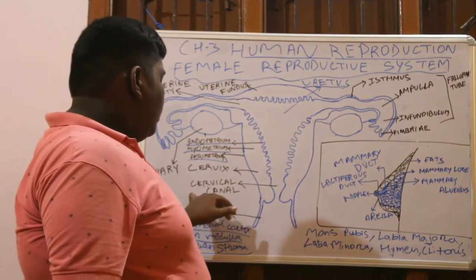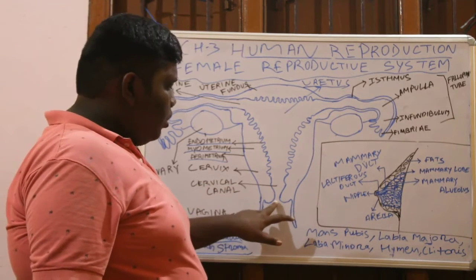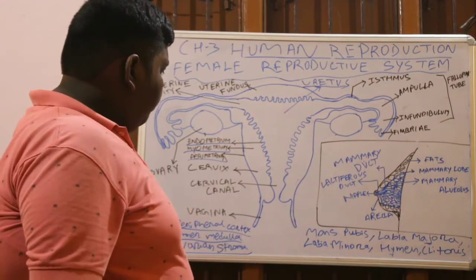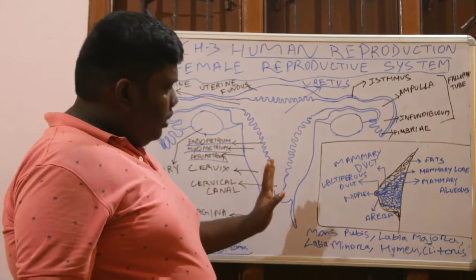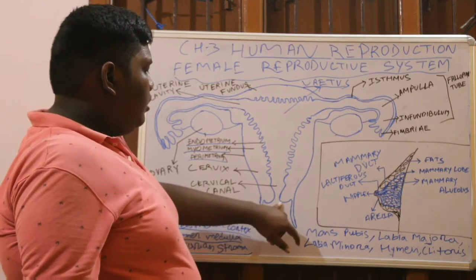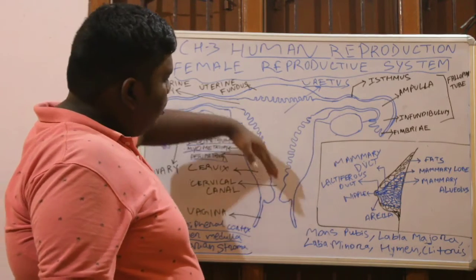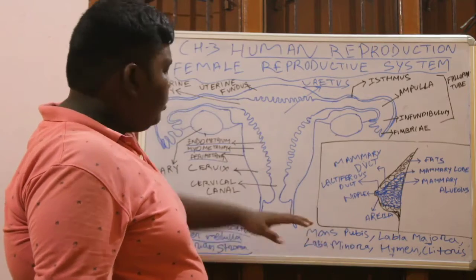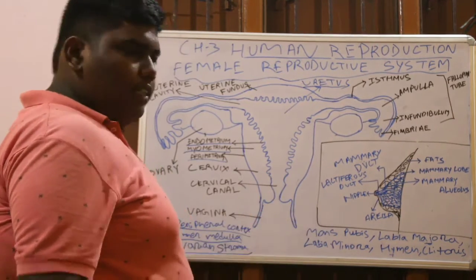This cervical canal also helps the sperm take a pathway directly to the fallopian tube. And this canal is the main portion through which the child starts to come out toward the vagina.